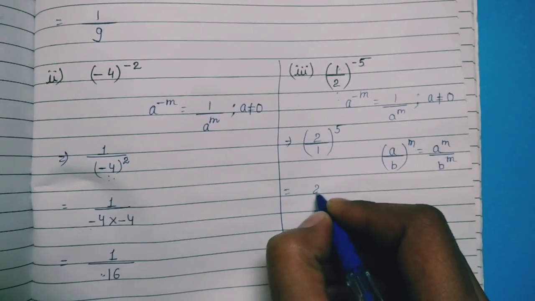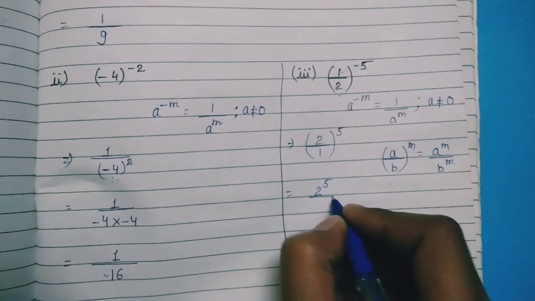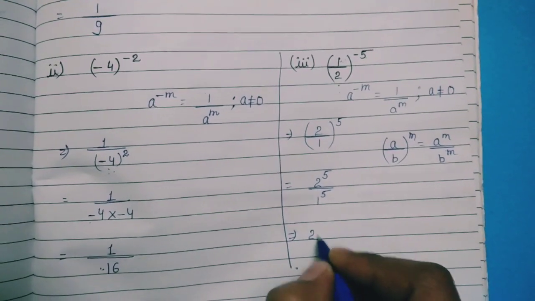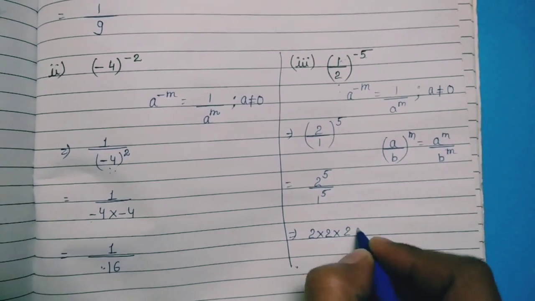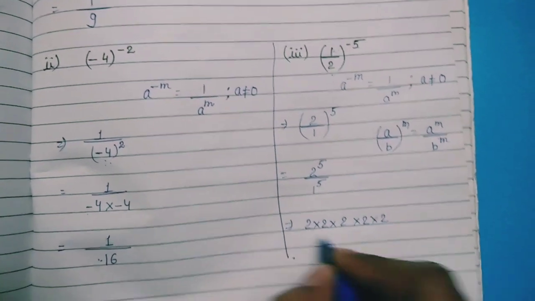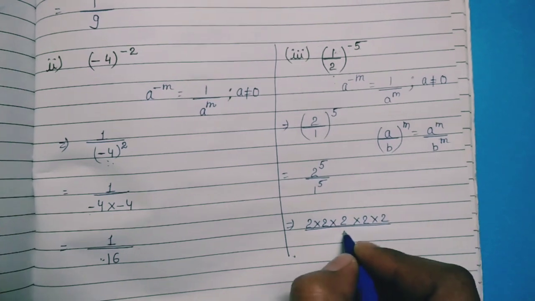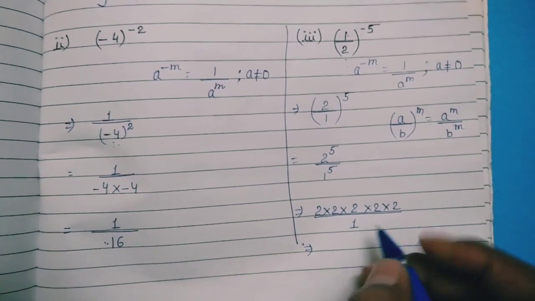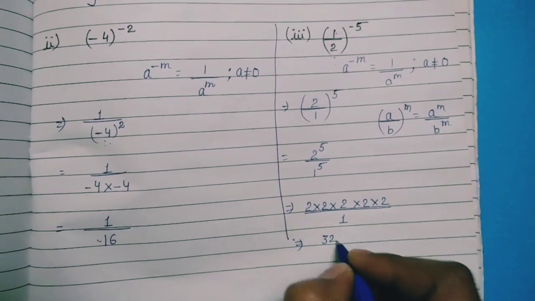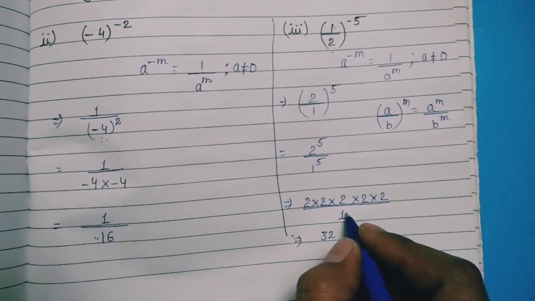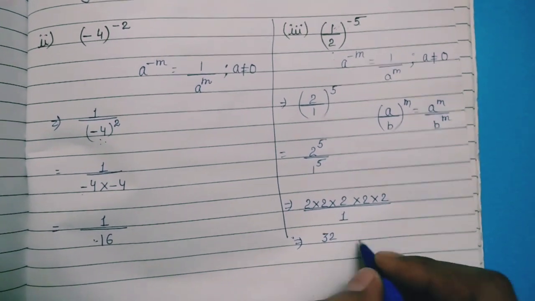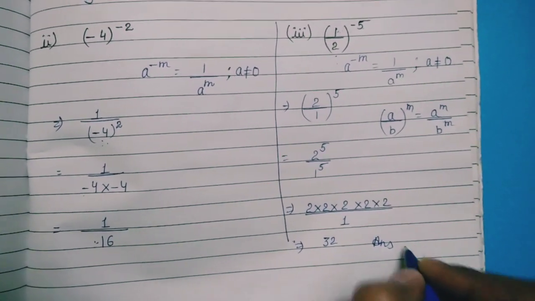Simply here also it is 2 raised to the power 5 by 1 raised to the power 5, which is 2 multiplying each other 5 times, and numerator when we open we will get 1. Okay, 2 multiplying each other 5 times, so we will get 32, and in the denominator we have 1, so 32 will be the answer of third one.